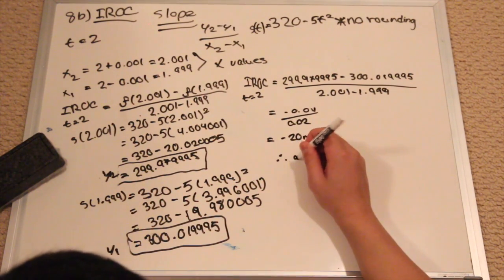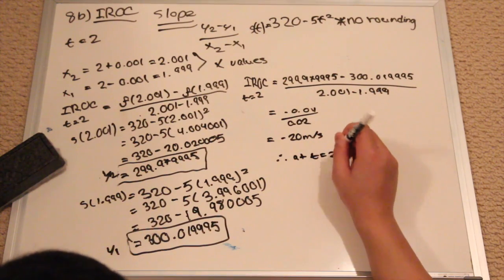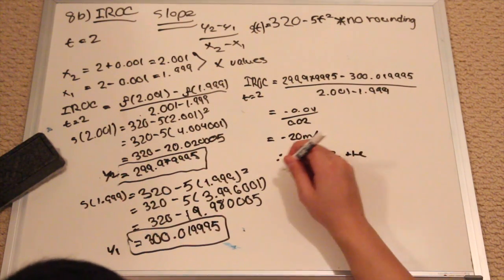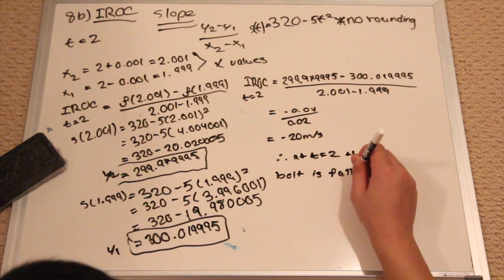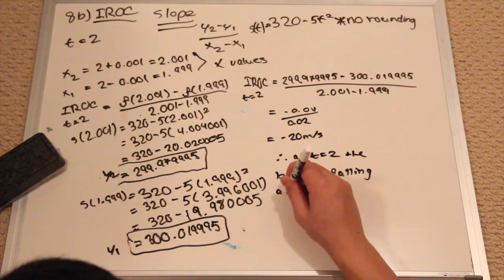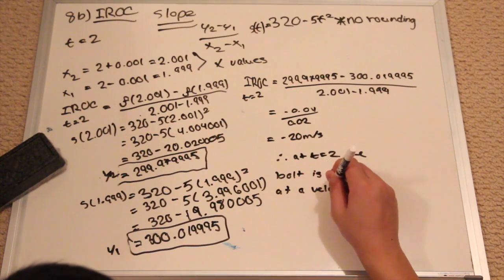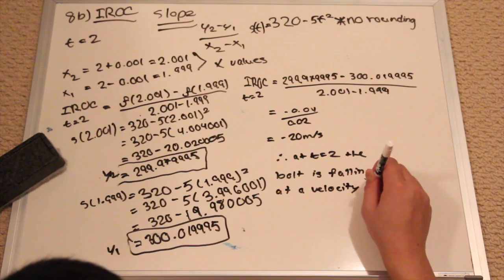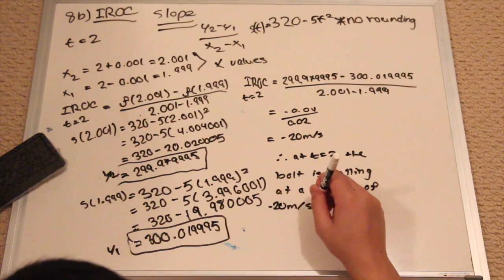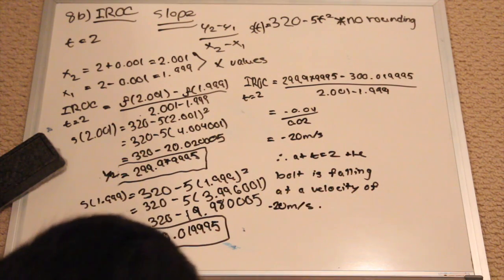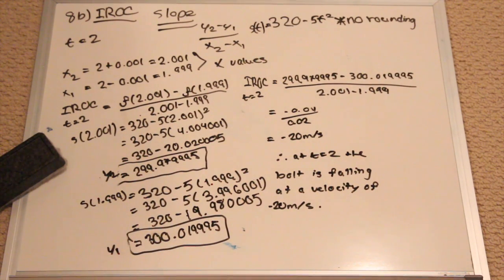So at t is equal to 2, the bolt is falling at a velocity of negative 20 meters per second. There you go, guys. That is the second part of the question, finding instantaneous rate of change. If you have any questions of what I did or you don't understand anything, just ask me.